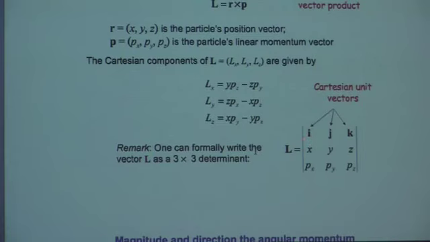Here the Cartesian unit vectors are i, j, k, and then once you calculate, let's say, Lx is this minor, this determinant, y times pz minus z times py. So those are the three components of the angular momentum, right? And this can be written like that in either quantum or classical mechanics.